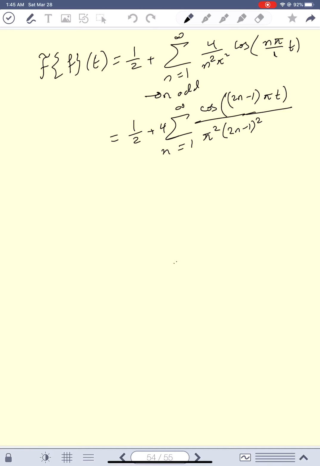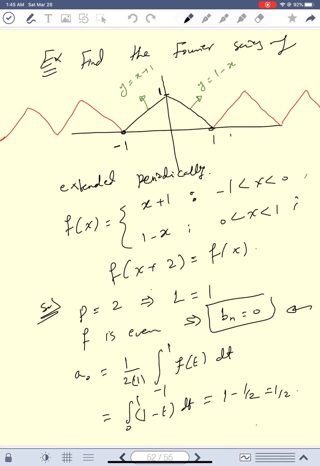Okay, so this is the Fourier series. We just replace the n as an odd number by 2n minus 1. This is the Fourier series of this function. This function is usually called, sometimes we call it rectangular wave, sometimes triangular wave. We've seen the rectangular wave before.